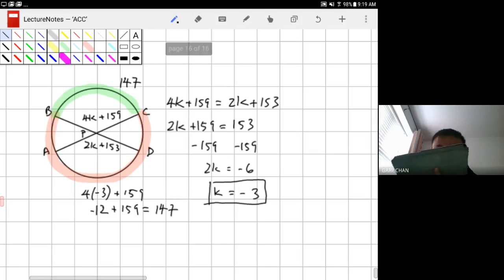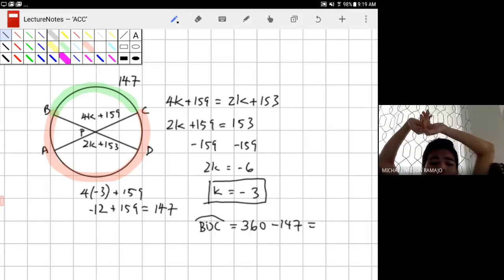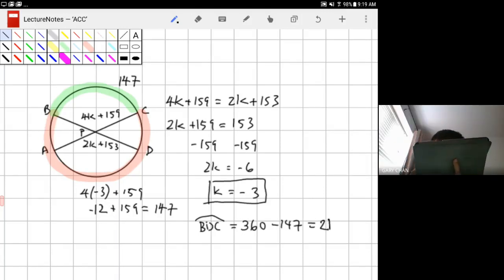So all the stuff that's highlighted in green and the stuff highlighted in pink should add to 360. So arc BDC is simply 360 minus 147, which is 213. Awesome. So I want to put that in and we should hear that magic bell.